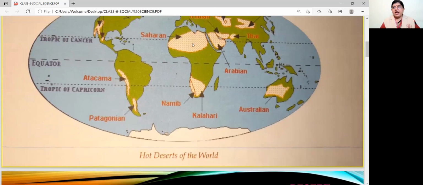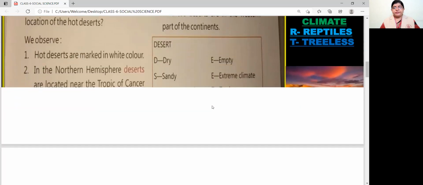This one, the Sahara Desert, largest hot desert in the world, and it lies in northern Africa. Can you see it? Like this. This is northern Africa. And Namib and Kalahari are in southern Africa. Next.